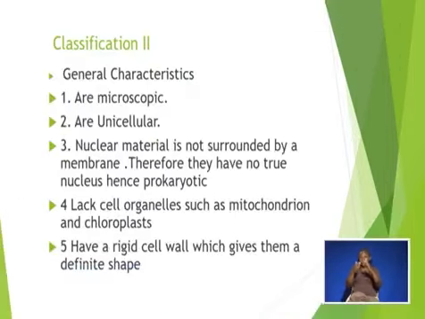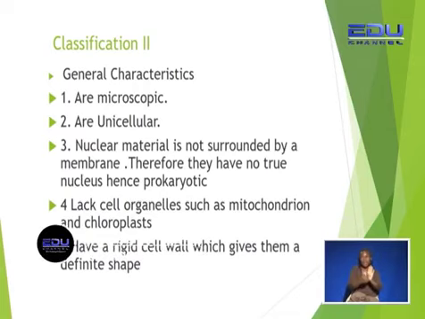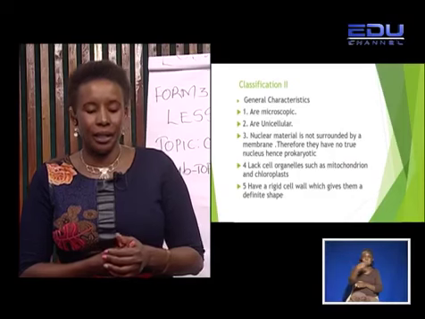Number 3, their nuclear material is not surrounded by a membrane. That is, they do not have a true nucleus, and therefore they are said to be prokaryotic. Number 4, they lack cell organelles such as mitochondrion and the chloroplasts. So chloroplasts are organelles that are commonly found in organisms that are able to carry out photosynthesis.